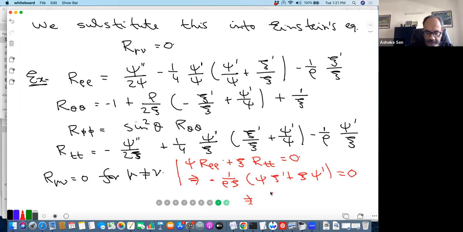Or d/d rho of psi times xi equal to 0. Is this clear? Okay. So the claim is that by taking this particular combination, we get d/d rho of psi times xi equal to 0, which means psi times xi must be independent of rho.